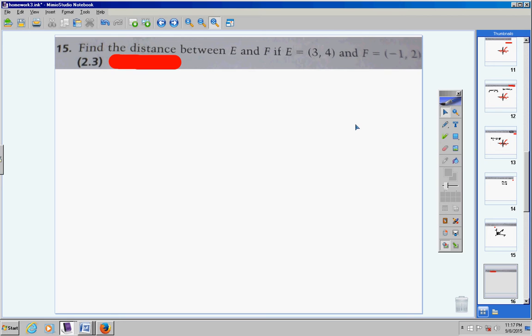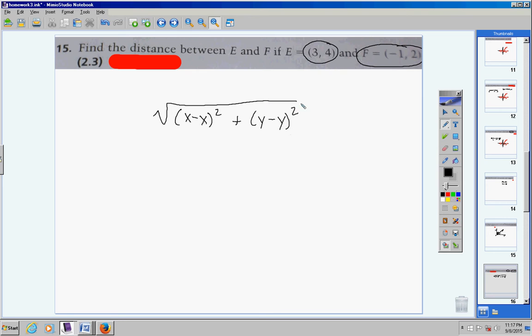Find the distance between E and F if E is this ordered pair and F is this ordered pair. Now, guys, you have learned how to find the distance between 2 points because you've been given the distance formula. Alright? X minus X quantity squared plus Y minus Y quantity squared. And the square root of all of this, okay? So here we go.